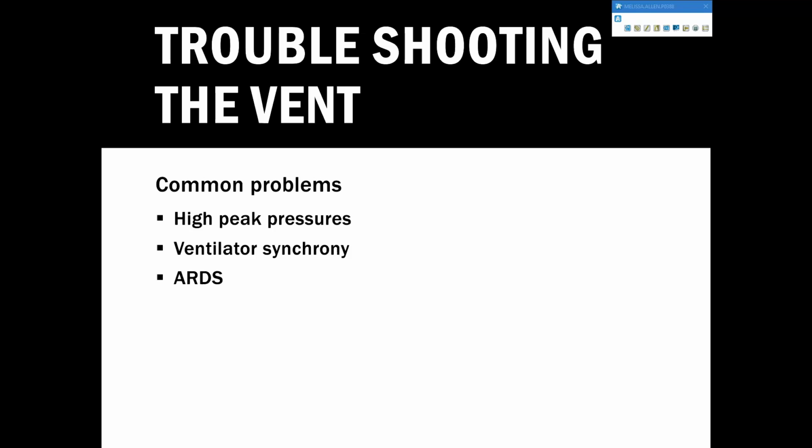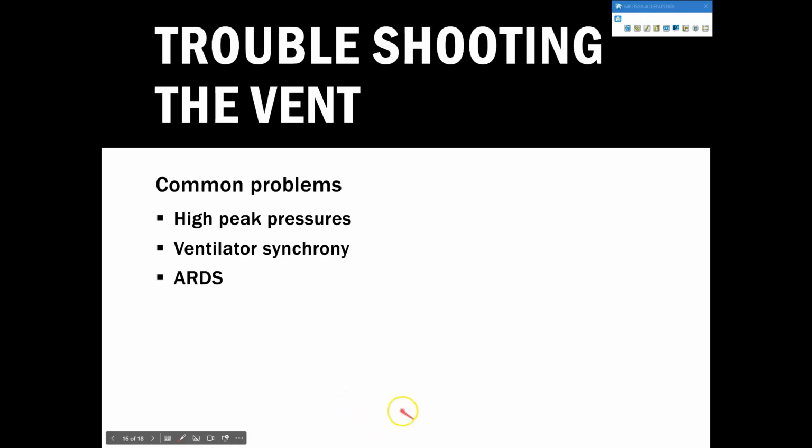So if your peak pressure is high and your plateau pressure is normal, like 12, 15, something like that, then that patient either needs to be suctioned, and I would always suction first. And if that still doesn't work, then it's probably they need a bronchodilator. This is going to be more important, more true in certain patient populations than others.